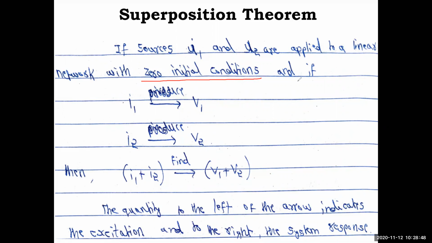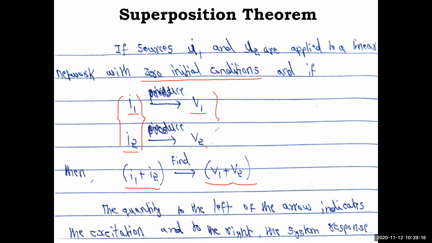Careful. If there is a source I1, it will produce a response; this is the excitation and this is the response, it will produce V1. Similarly, another source I2 will produce response V2. Then if these excitations work jointly, that means I1 plus I2, the output is also proportional, V1 plus V2.